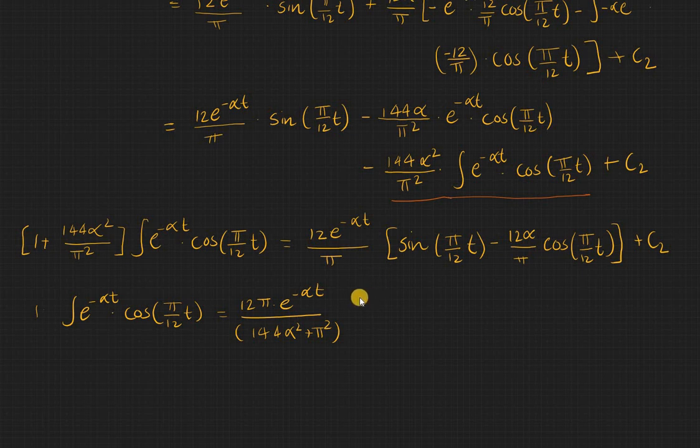And into the bracket we have sine of pi over 12 into t minus 12 alpha divided by pi of cos, the same factor, and then c2.